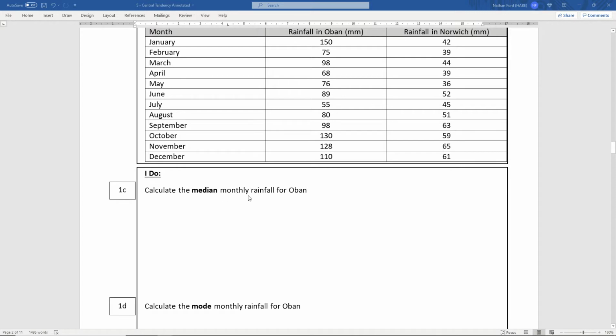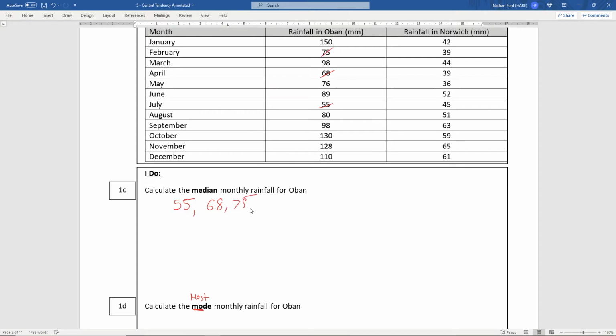Calculate the median monthly rainfall for Oban and calculate the mode. So the mode, we want the one that comes up most often. Now, the best way to do this is to first order them, because they play into each other. So the lowest value is 55. I put a cross through it so I know I've got it. The next one there, 68. And you keep going.